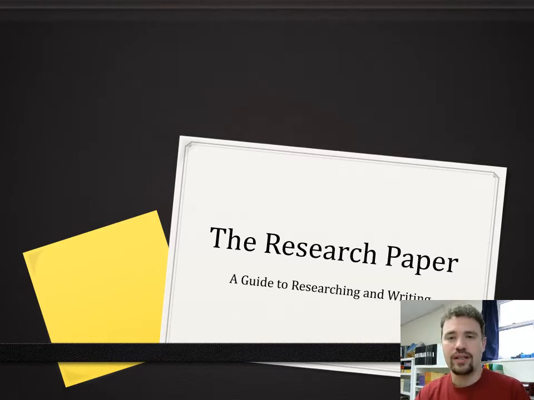So working on this paper, if I summarize it, there's a research section and then there's an argument section. Your research section is twofold. You're going to be looking at a genre of literature that has appeared at some point in British literary history. It may not have originated with Britain, but it has appeared in Britain at some point.